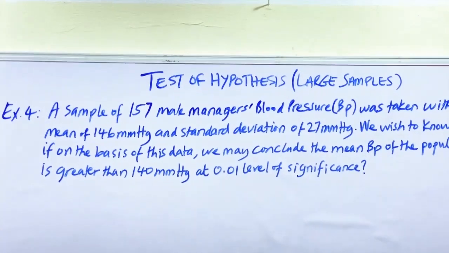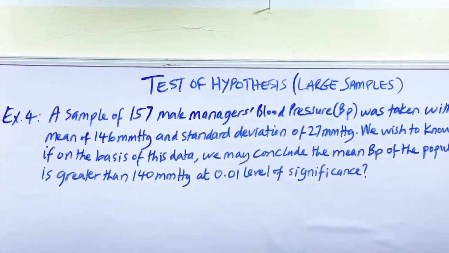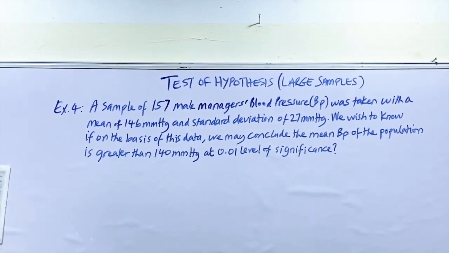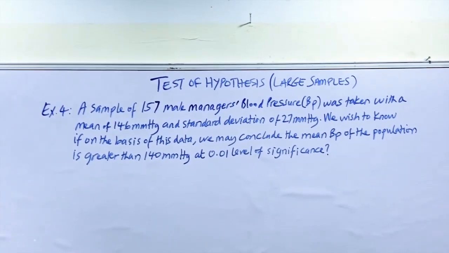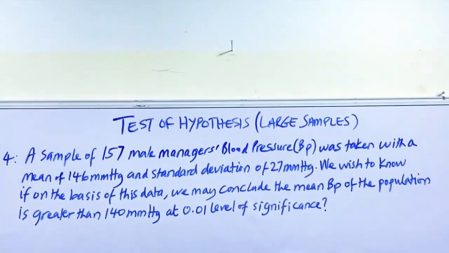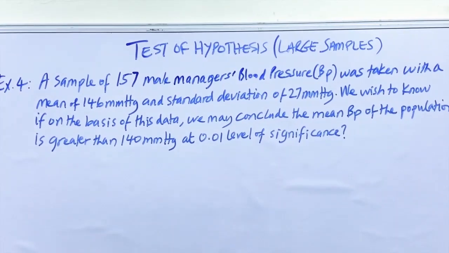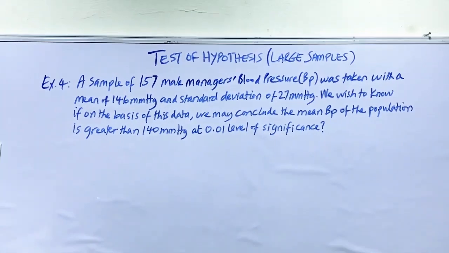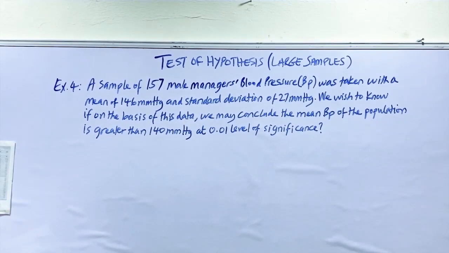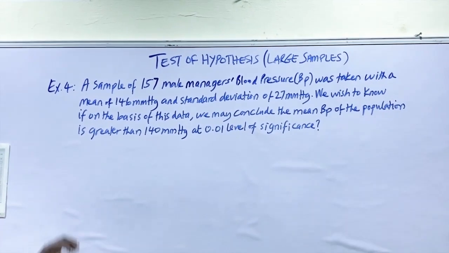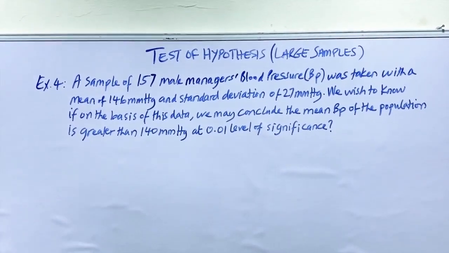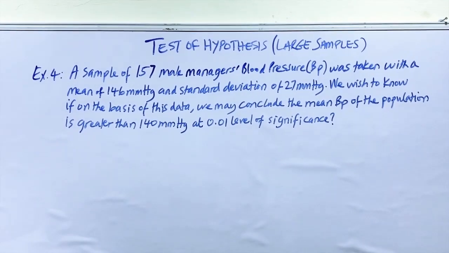We have an interesting case on our hands here. Look up here, we have example 4. The question is: a sample of 157 male managers' blood pressure, that's BP, was taken with a mean of 147 millimeters of mercury and standard deviation of 27 millimeters of mercury.